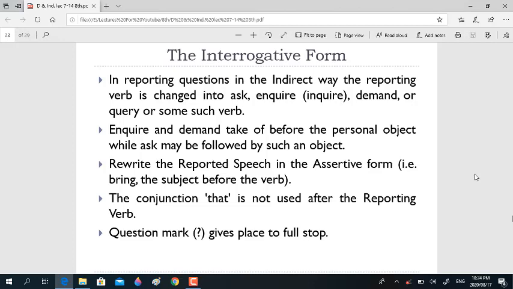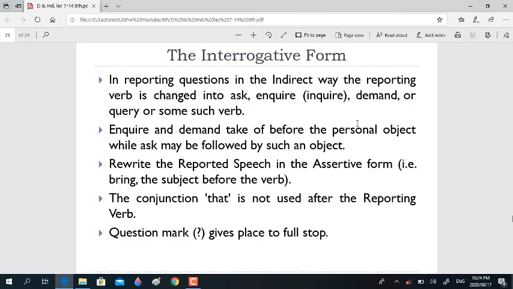They begin with WH, like where, when, why, how, who, whose, which, etc. And you have to go about these two types of interrogatives differently while changing them into indirect speech.